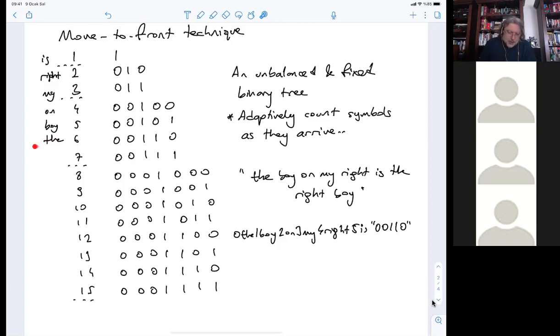So it is moving to the front now, into a place corresponding to its frequency. And 2 is the highest frequency anyway. It's a pity that we are just making pushes and pops of this stack or list. So "the" comes to the top again.